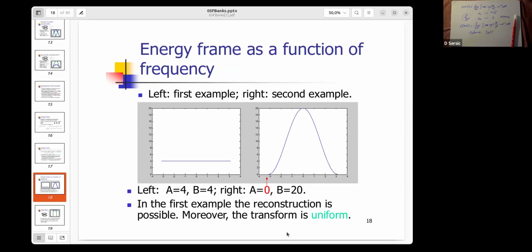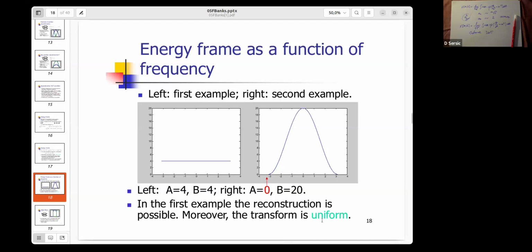It means that we have a uniform filter bank. So the energy in the image domain will be the same as the energy of the original signal. Nice. For example, the Fourier transform had such a property. The transform was unitary.